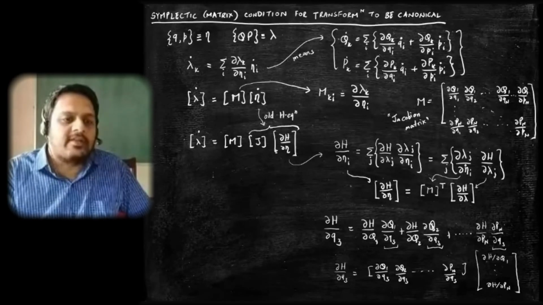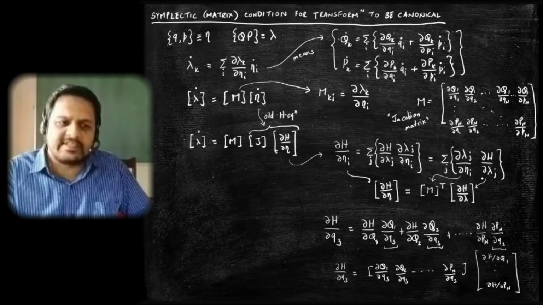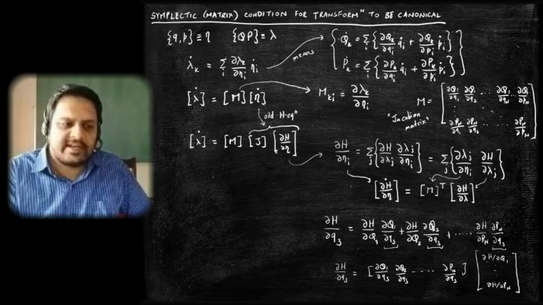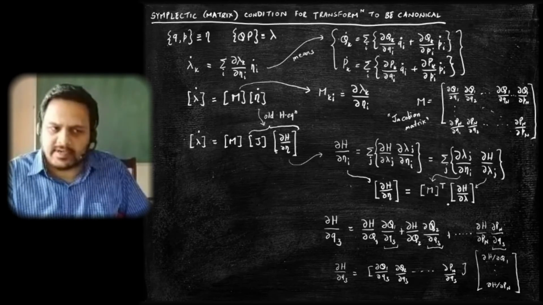Now, how to identify this: first of all, ask what is this last guy? That is a column vector, because the left hand side has one column vector, the right hand side has one column vector, and there is a square matrix here.